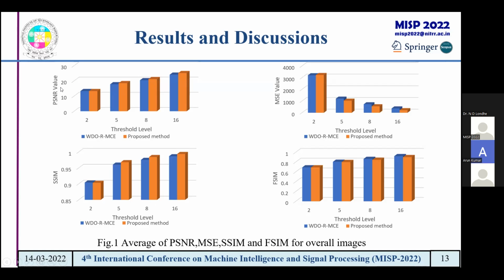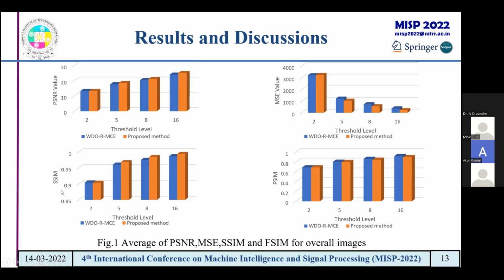We clearly see that the PSNR values for lower levels are comparable, but for higher levels FFA gives a better result. In terms of mean square error, for all the levels it comes down, which means a lower value.